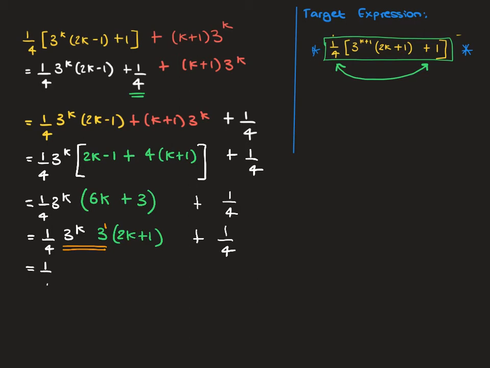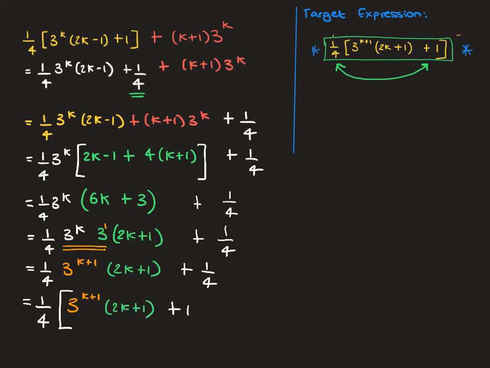So we have a quarter, 3 to the k plus 1, 2k plus 1, and then plus a quarter at the end. And all that remains to do is potentially factorise out the factor of a quarter. So we then have a quarter, bracket, 3 to the k plus 1, 2k plus 1, plus 1. And that is the target expression.